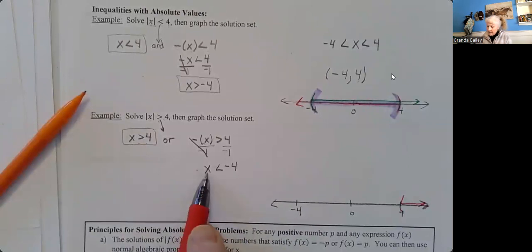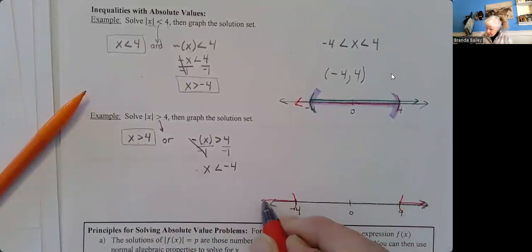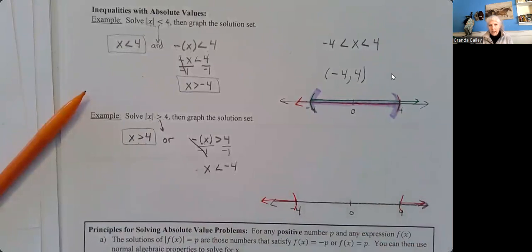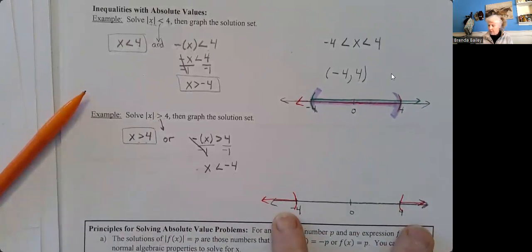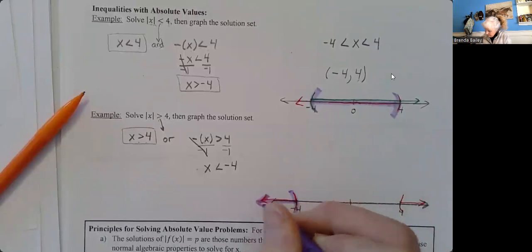Now we want X's less than -4. So we go to -4 and we want numbers that are smaller. So we're going to go in this direction. Because it's an or and not an and, it's just a combination of these two. So this is actually the graphical solution.